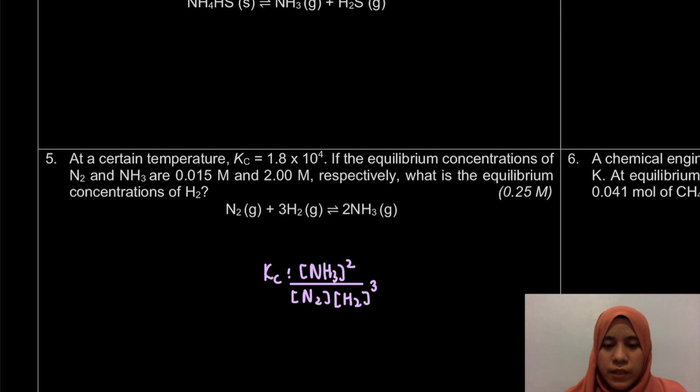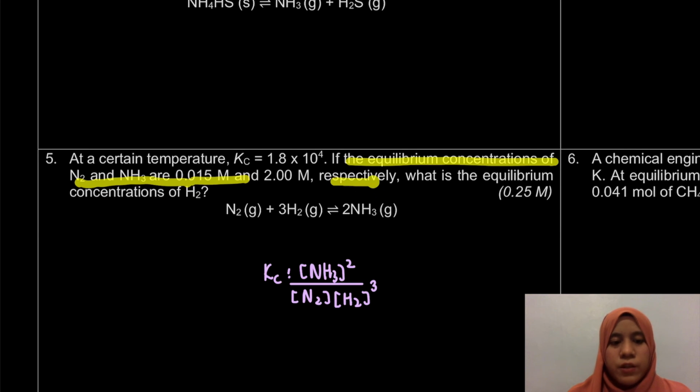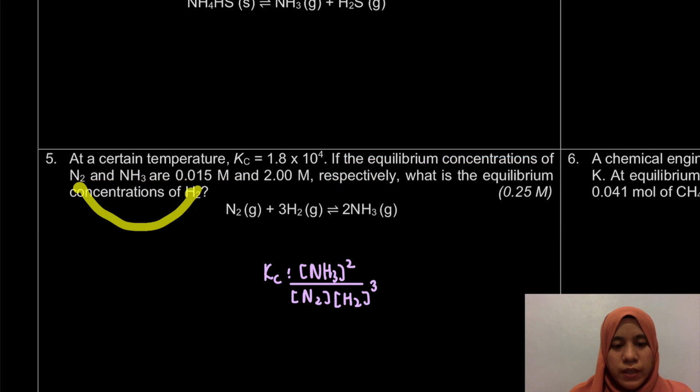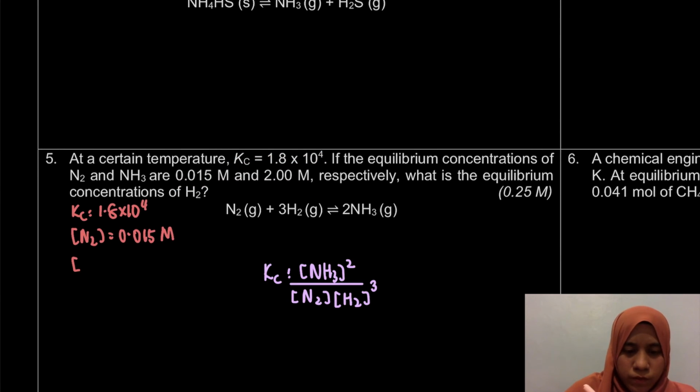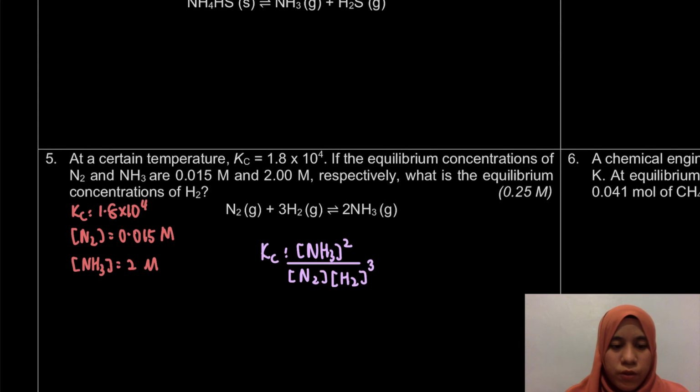So if the question mentions the equilibrium concentration of N2 and NH3 are these values respectively, it means N2 is this one, NH3 is this one. So we don't get confused, let's just write it at the side, extracting all the information from the question. So let's substitute all the values in the formula.